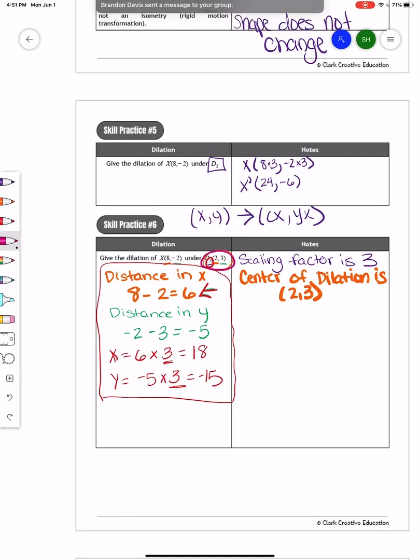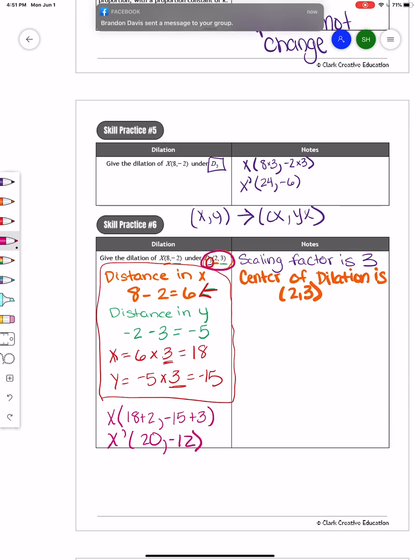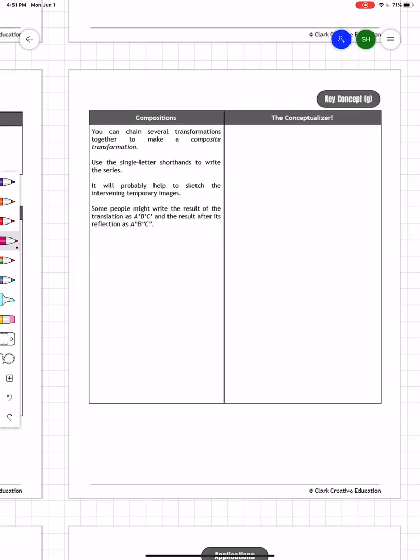So now you have x is 18 plus 2, comma, y is -15 plus 3, x prime will be 20, -12. Because you need to multiply that distance. Don't forget that, okay? So, on to the next one.